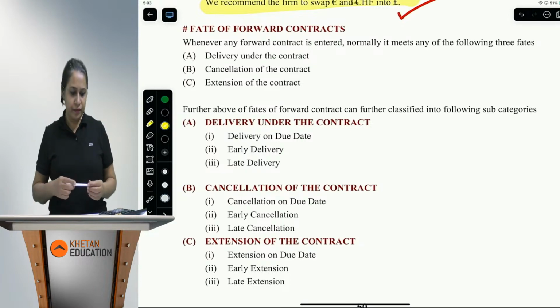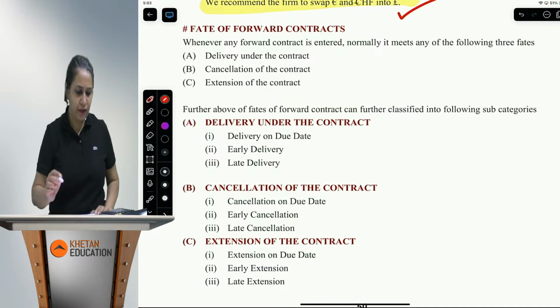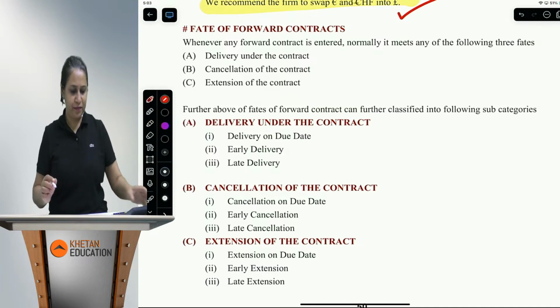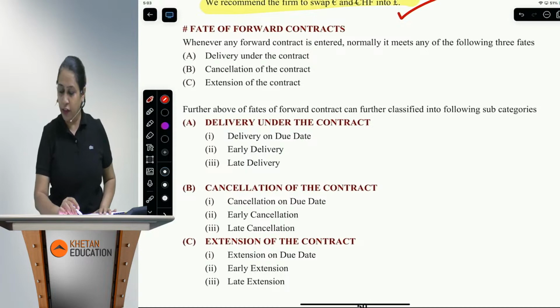Okay, now fate of the forward contracts.